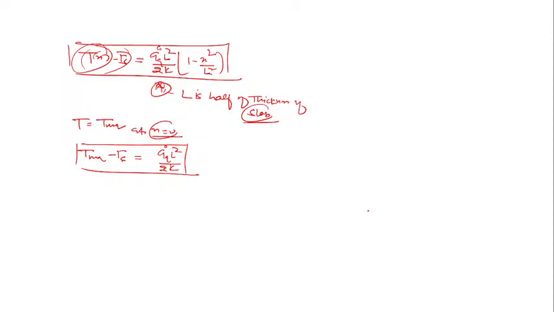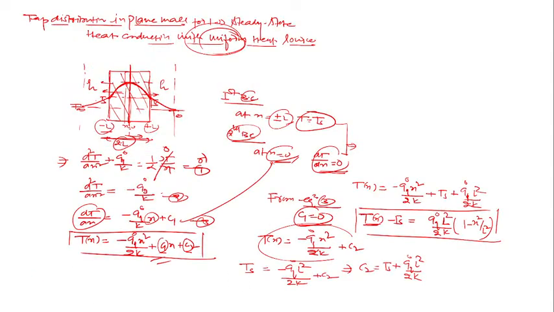Clear? And the maximum value is Ts plus qg L square by 2k. The maximum is at the center, but it is only possible for the maximum to be at the center when there is symmetry. Yes or no?